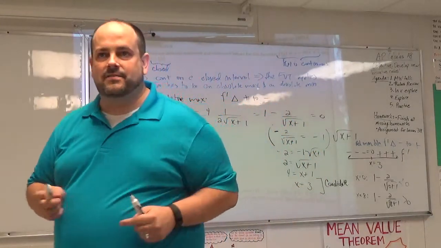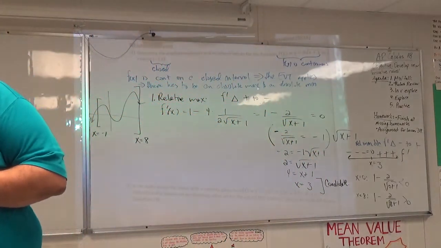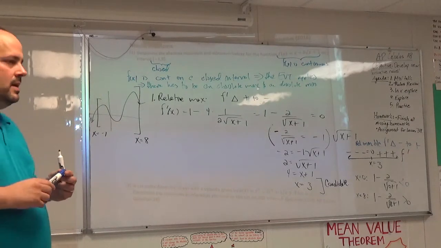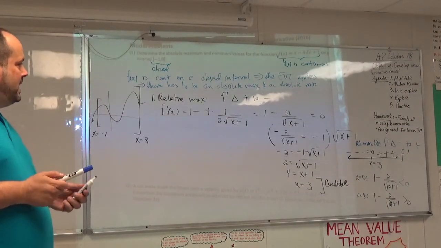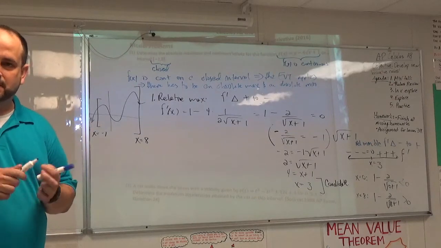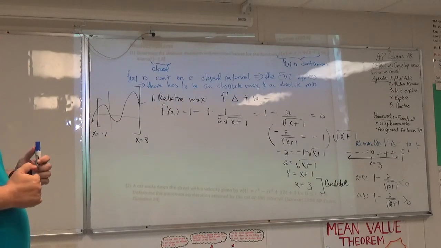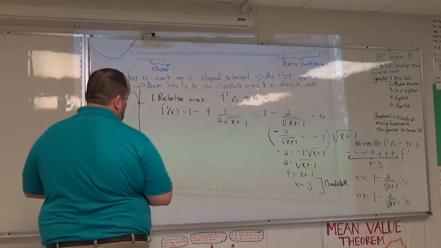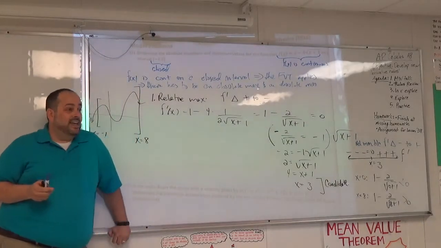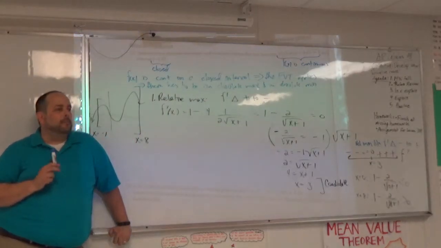Not the end of the story. Because what I think we've forgotten about is what were we actually trying to find in the first place? Relative max and min. Absolute max and min.